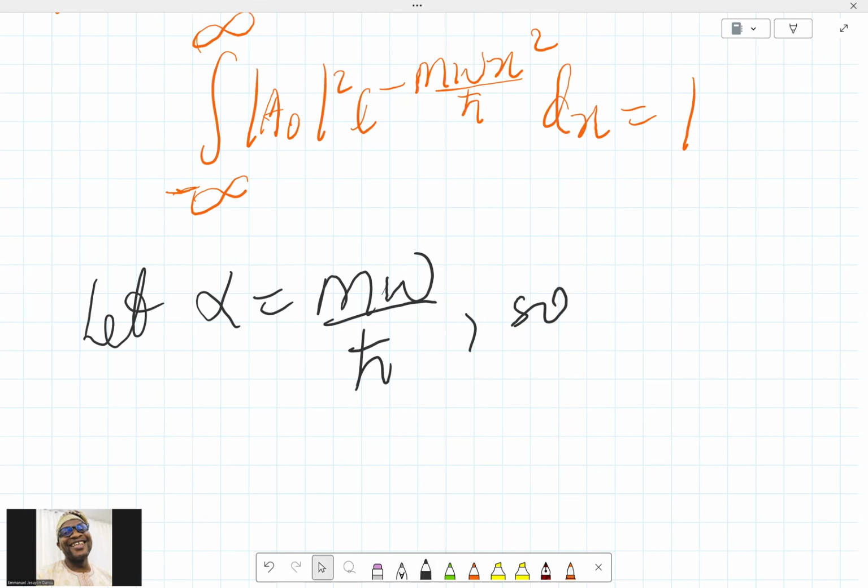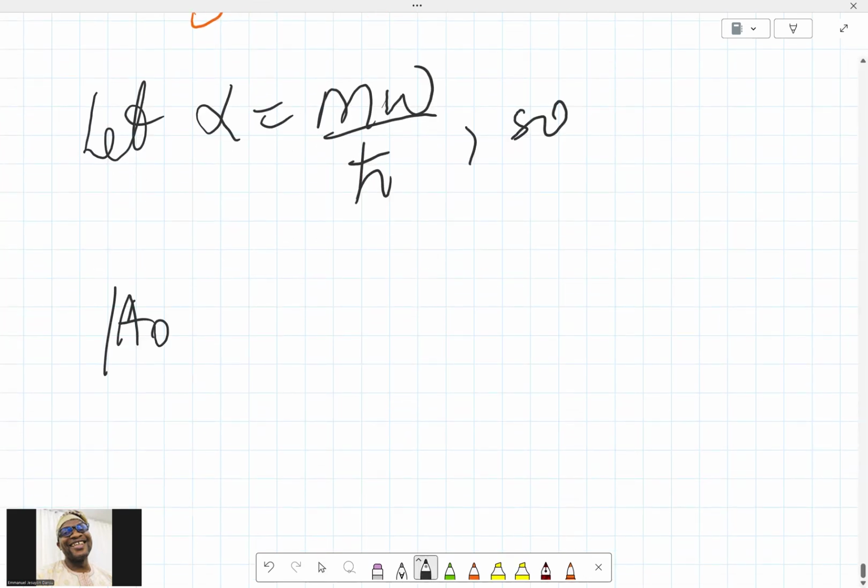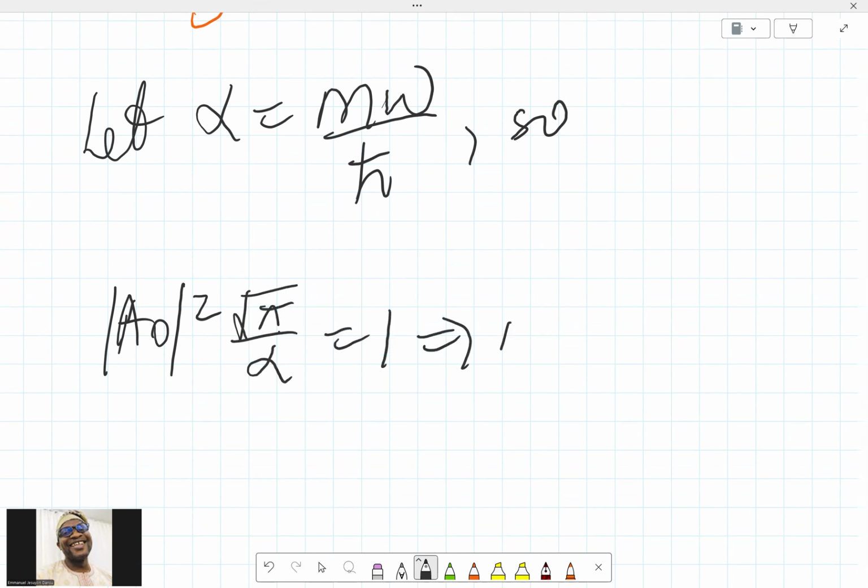So absolute value of A naught squared times the square root of pi over alpha equals 1, which implies that A naught is equal to alpha over pi raised to the power 1 over 4.